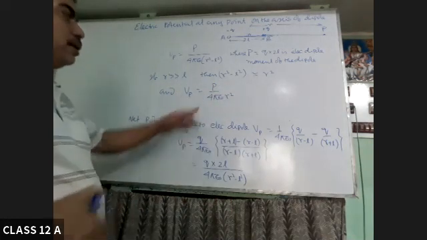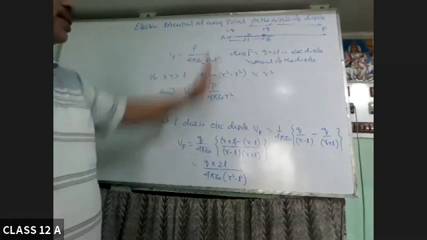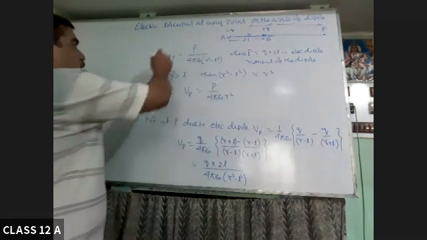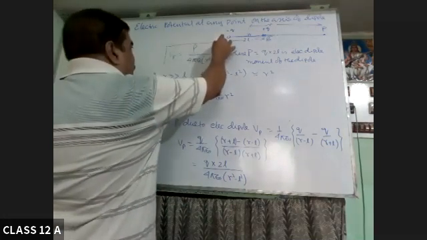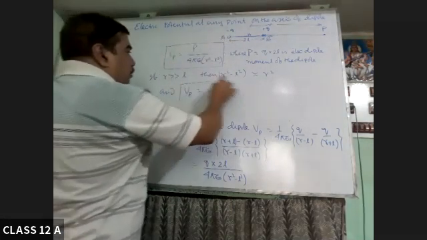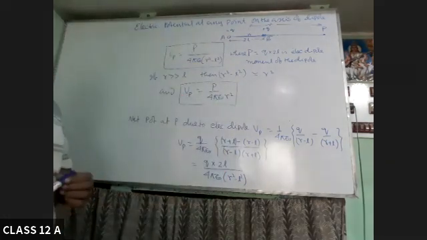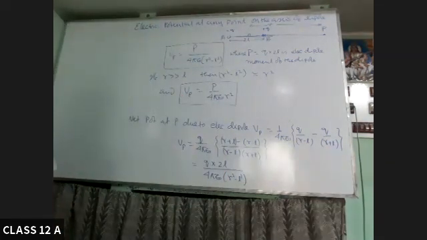This is valid only for large distance, and the earlier one is the general formula for any point. If the length of the dipole is not given, then we use this formula to calculate electric potential.